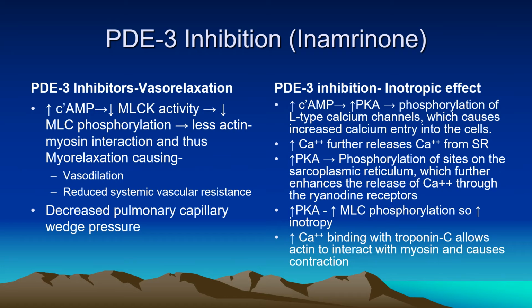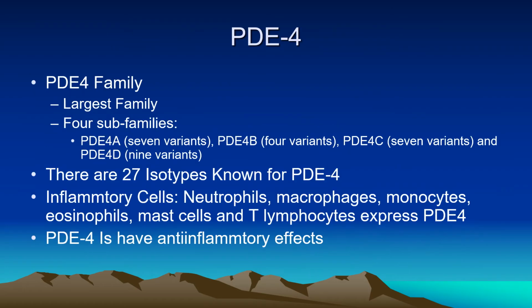So there are two ways of calcium release from the sarcoplasmic reticulum, direct and through receptors. The same increase in protein kinase A activity will increase MLC phosphorylation. In vascular smooth muscle cells, it is less phosphorylation or dephosphorylation. So this is how increased phosphorylation increases ionotropic action by binding of calcium with troponin C that allows actin to interact with myosin and causes contraction. So this is how at the intracellular level second messenger activity results in vasorelaxation and cardiac contraction.